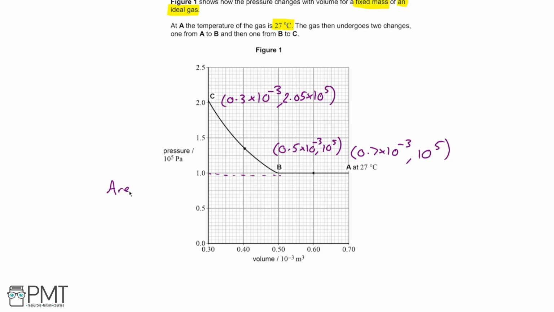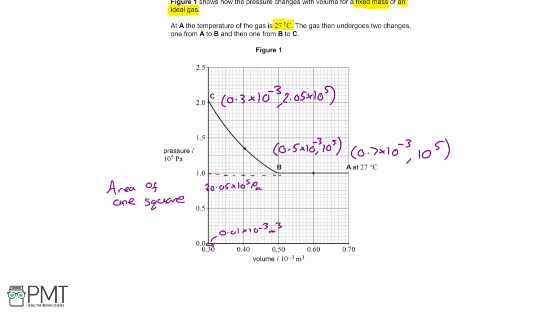So the area of one square, so one subdivision on the volume, like so, is given by 0.01 times 10 to the minus 3 meters cubed, and one subdivision in the pressure axis is given by 0.05 times 10 to the 5 pascals.